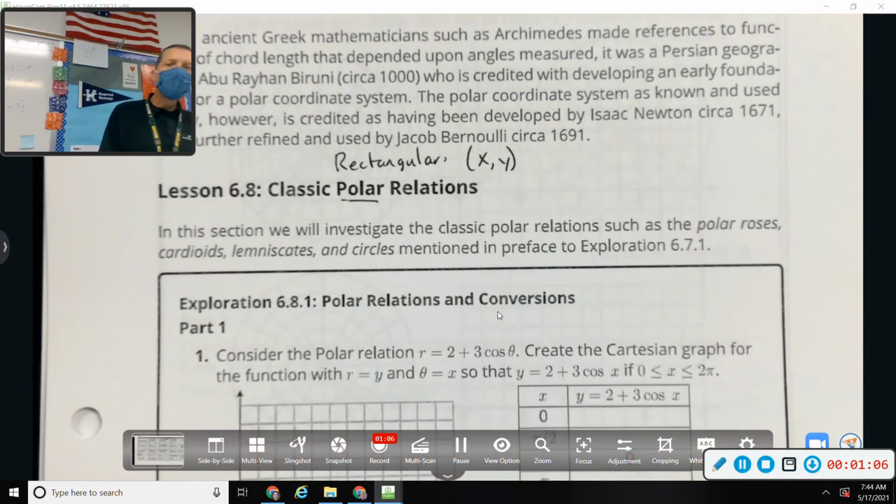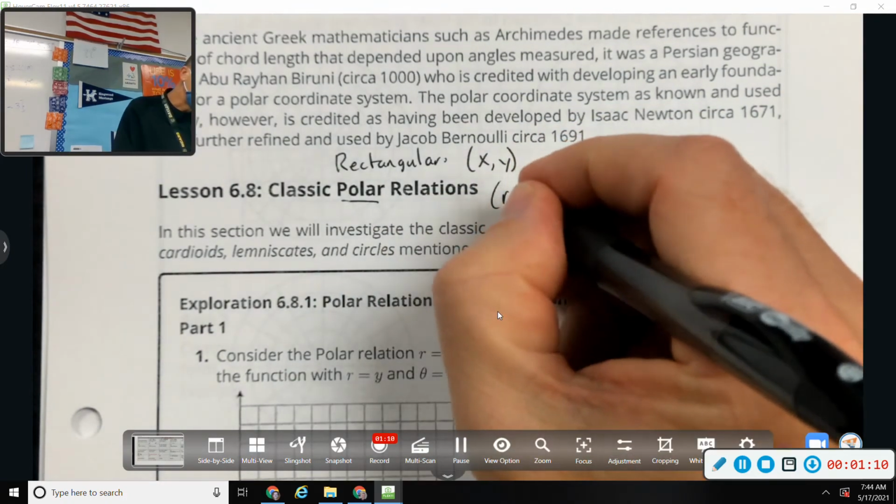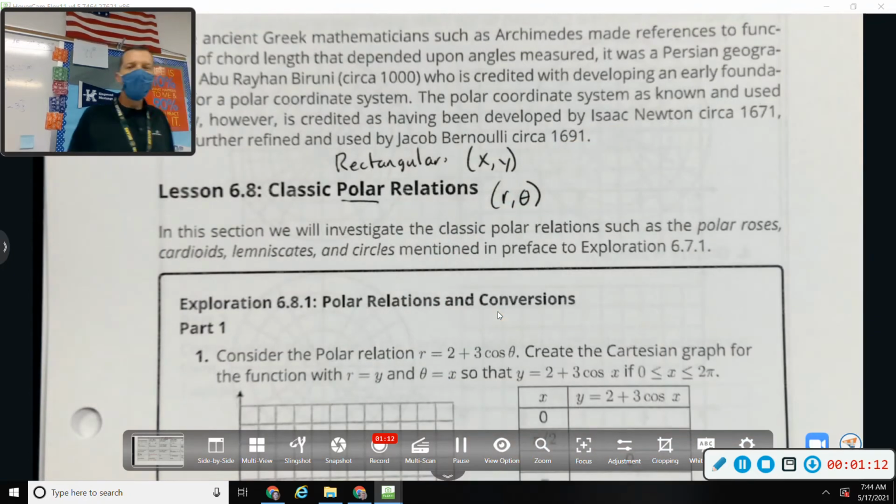So we've done a little bit with polar. Polar is r and theta rather than x and y. And what we've done so far is graph points. That was on the last real test we had, which feels like 3 months ago, even though it was only 2 or 3 weeks ago.